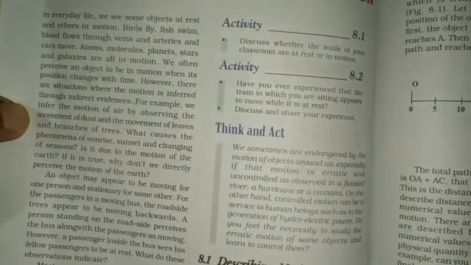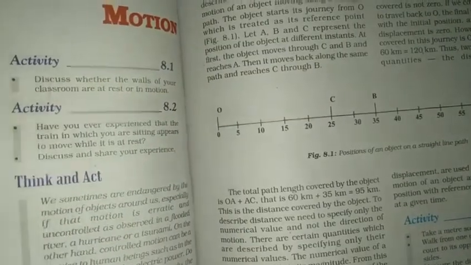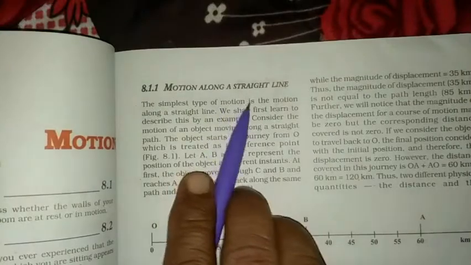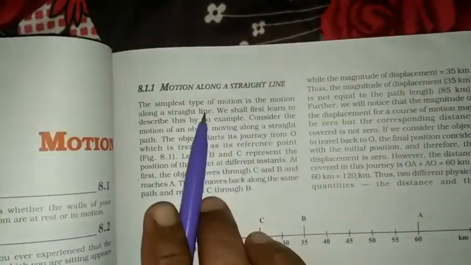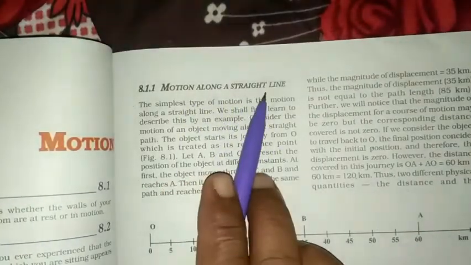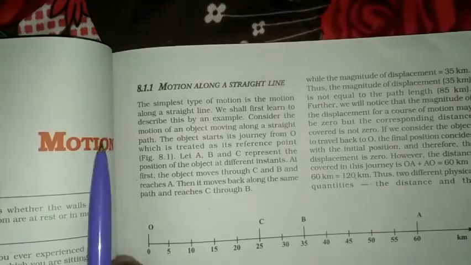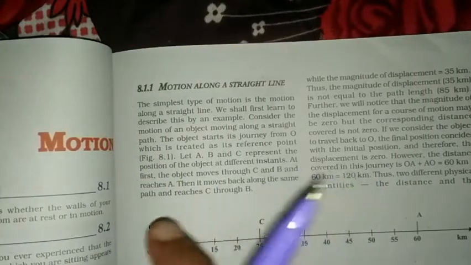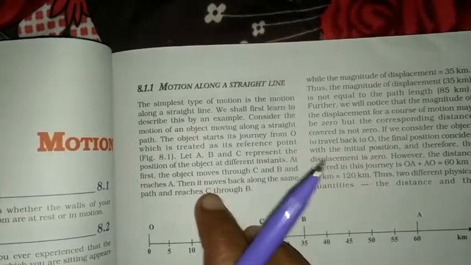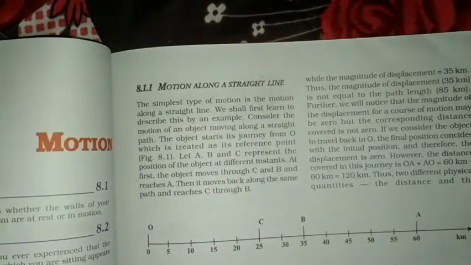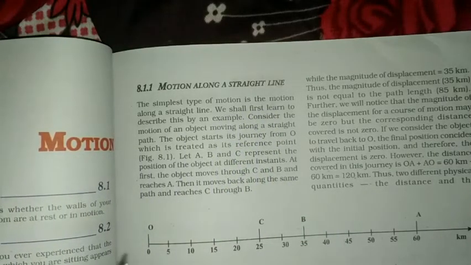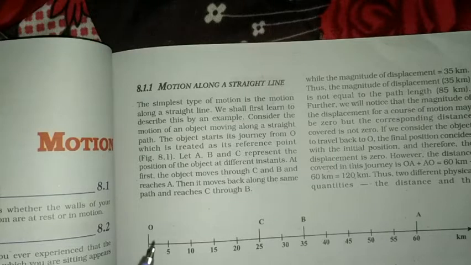Okay, now see, describing motion, I will describe motion along a straight line. The next point is motion along a straight line. When the motion of an object is along a straight line, then the motion of the object is called rectilinear motion.